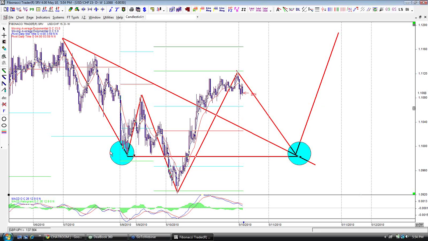If the market gives us a bullish candlestick formation at this level, I would like to enter bullish here, and this is near 109.90.